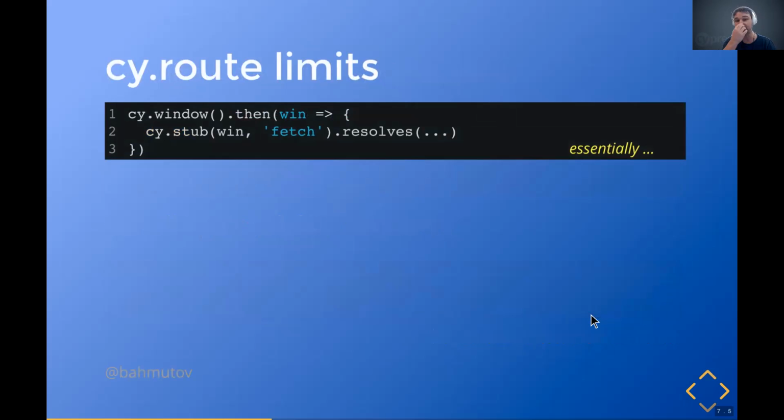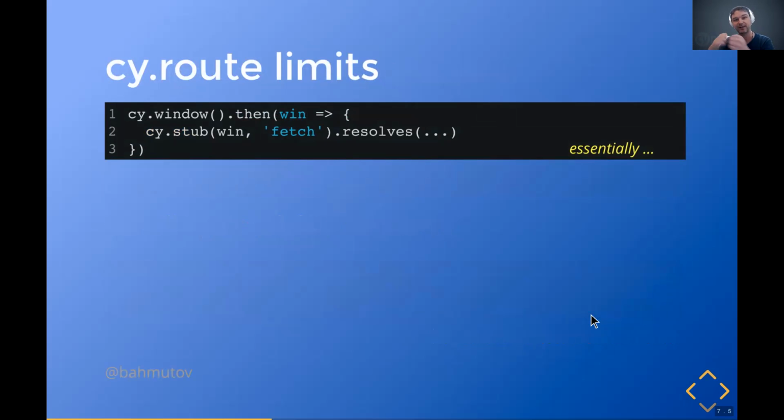Okay, unfortunately, when you use cy.route in your application, all it really meant was you go to window, you get that window.fetch stub, and you just resolve it with an object, right? Under the hood, it was just like we stub window.open. It's not a real network call. It was all done in code just to simulate.